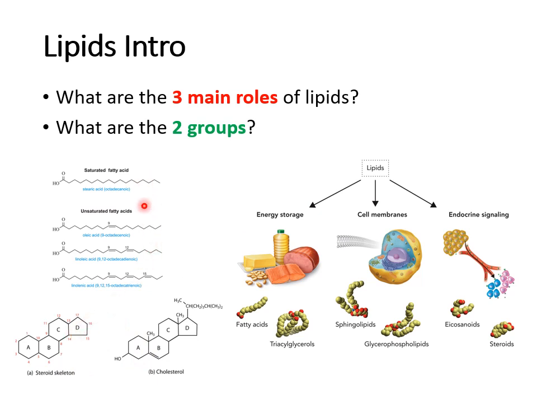So for the first group, the open chain lipids, this will include fatty acids that you see here. It will also include triacylglycerols, sphingolipids, the phosphoacylglycerols, and glycolipids. And then for the fused ring lipids, that's going to be steroids. And we'll talk about the various forms of steroids throughout this lecture.